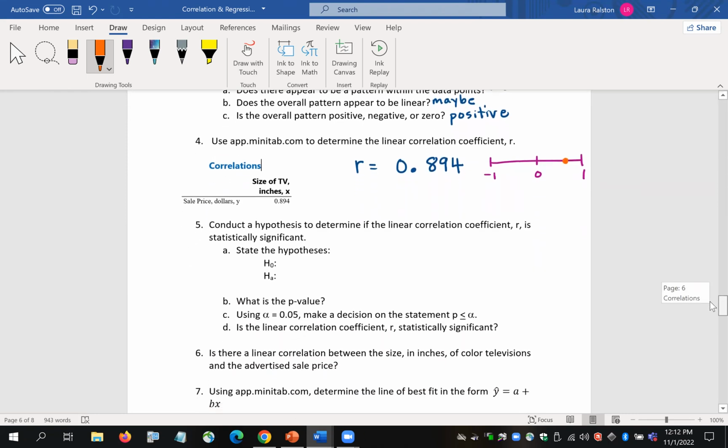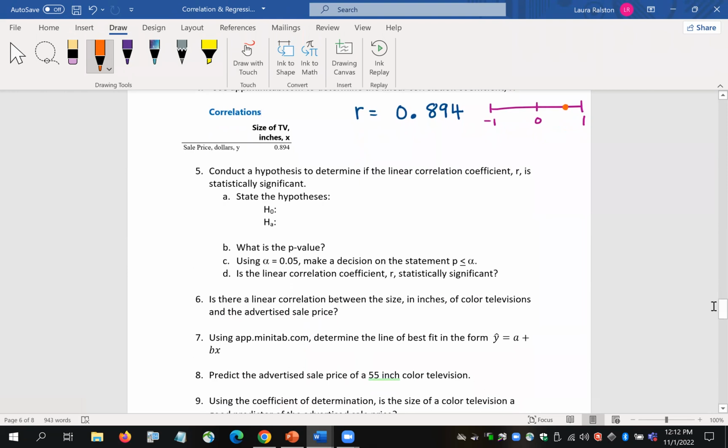So then we're going to conduct our hypothesis test. Our null hypothesis is always that rho equals 0, which means there's no correlation, and R is not statistically significant. The alternative is that rho does not equal 0, which means there is a correlation and R is statistically significant.